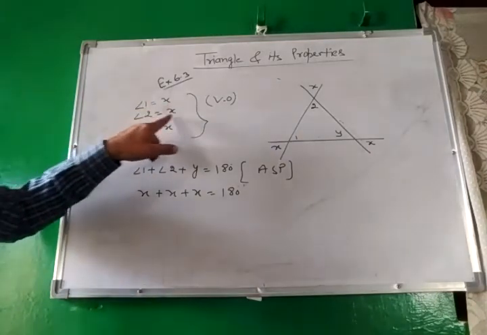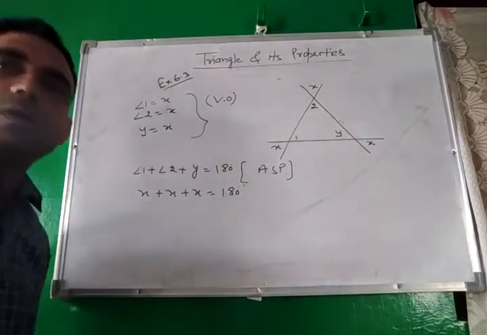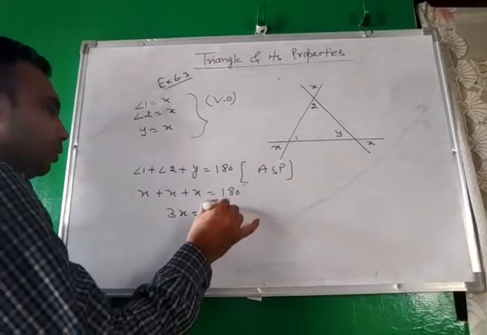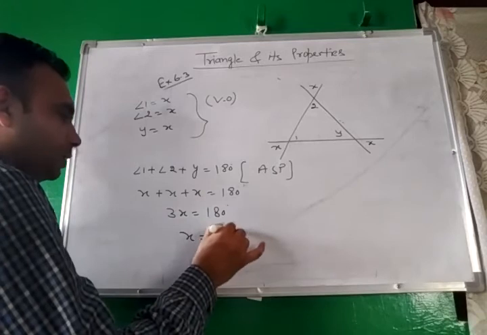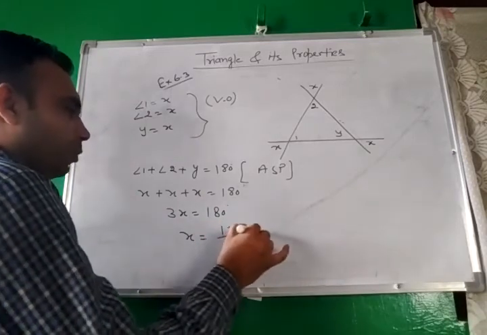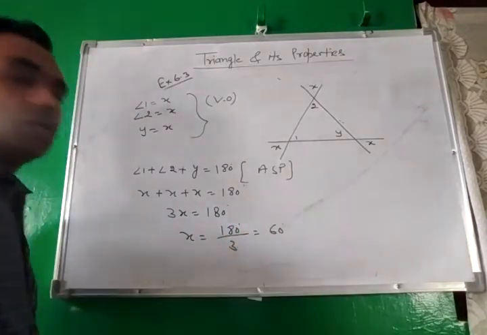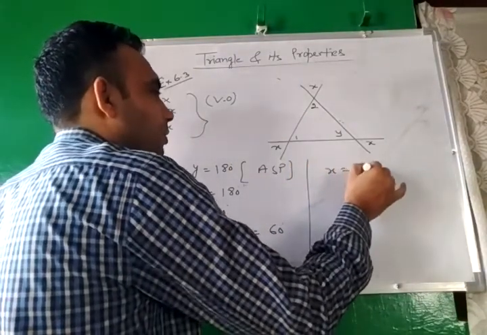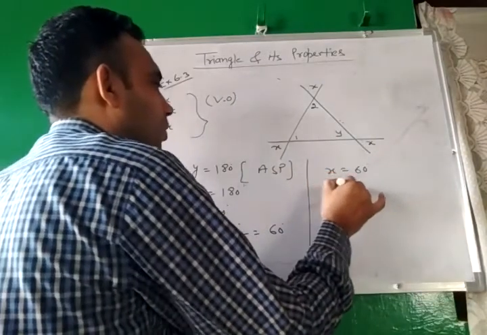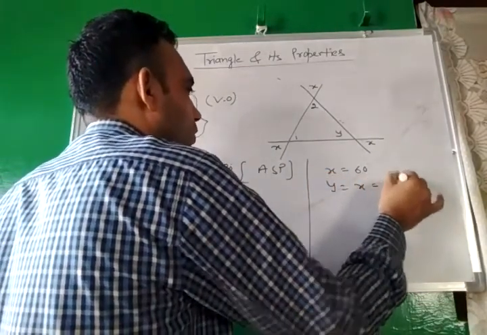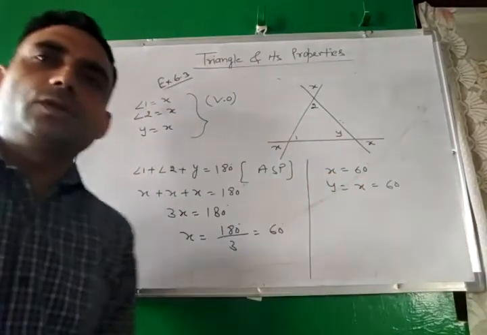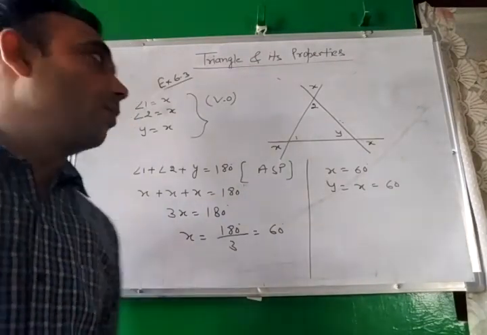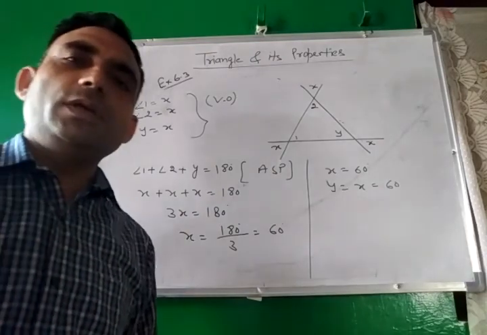So 3x is equal to 180 degrees and x is equal to 180 upon 3, which implies 60 degrees. So what is the value of x? x is equal to 60. Now y is equal to x also, so it is 60 degrees. So y and x both are 60 degrees. This is the complete solution of exercise 6.3.